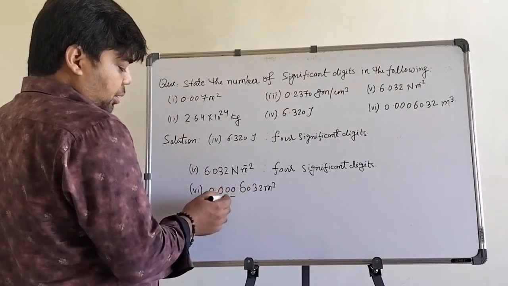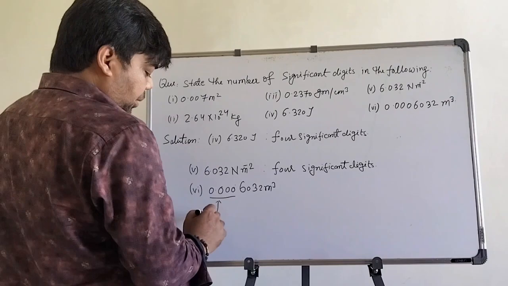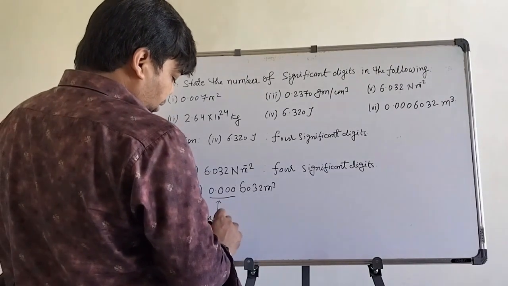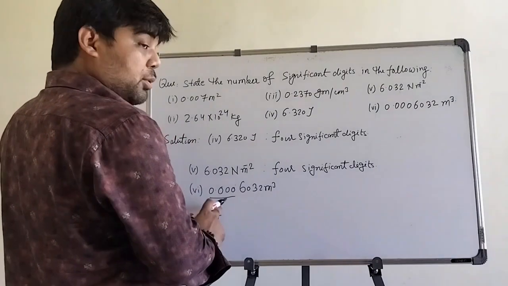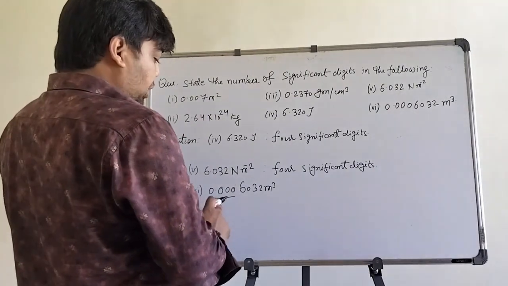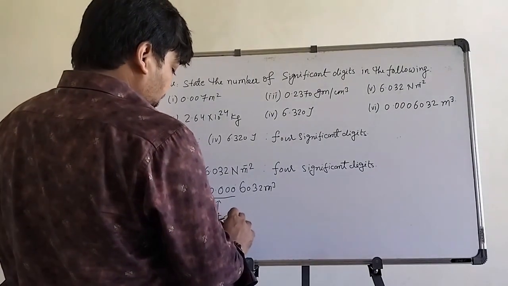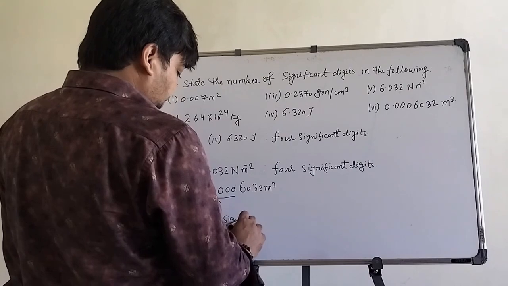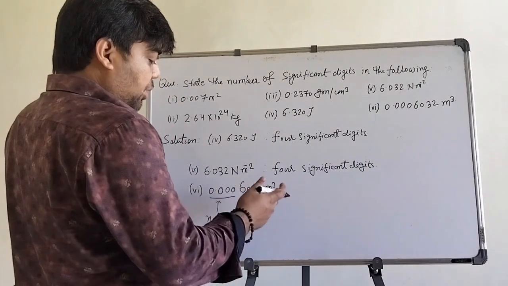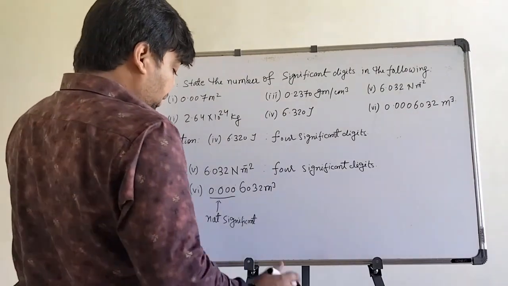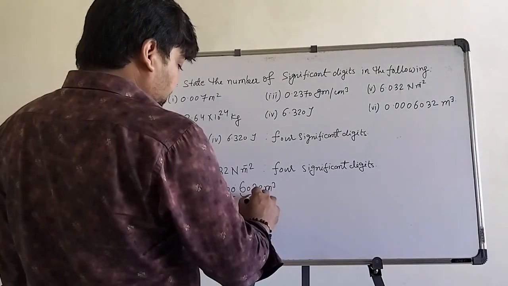So these digits are not significant, as according to the rule we have discussed in earlier videos, right? So these digits are not significant, as they can always be removed by just changing the power, by changing the unit, right? So significant are these 4.